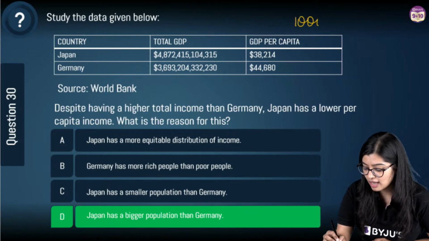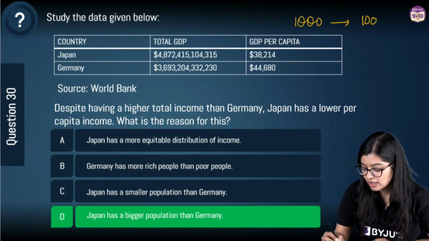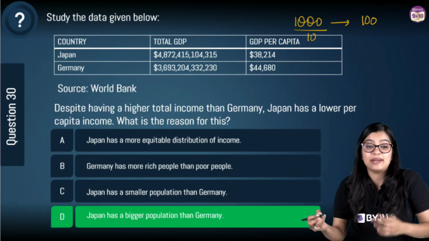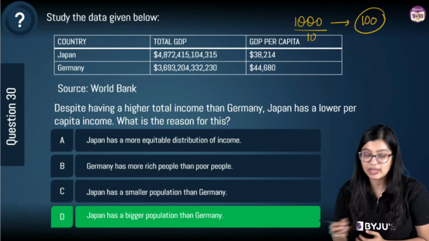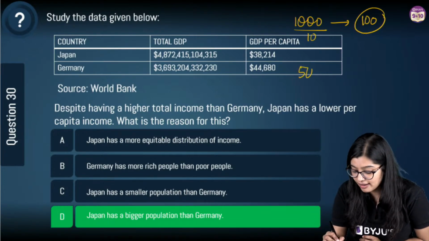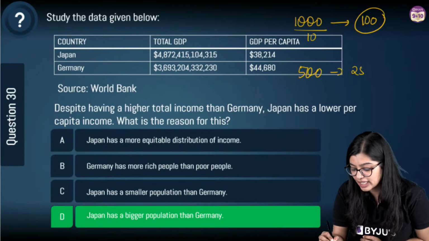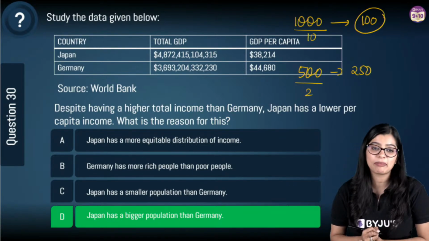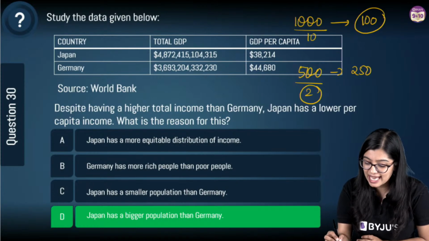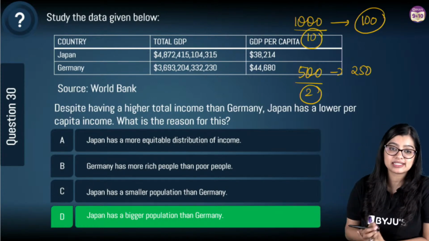See, 1,000 became 100. That means if there are 10 people, then I know that it will become 100. But if 500 has to become 250, that means that only 2 people are there. Population is less. So population is necessary, right?